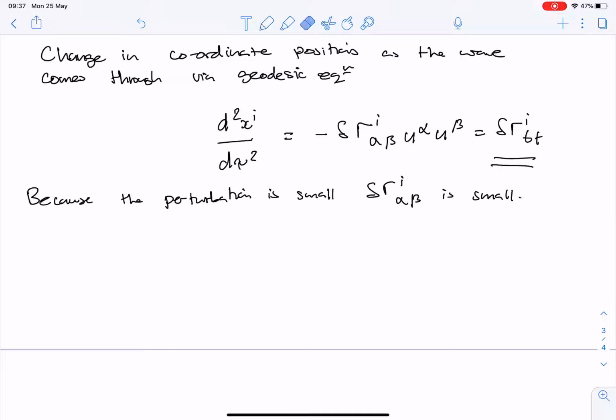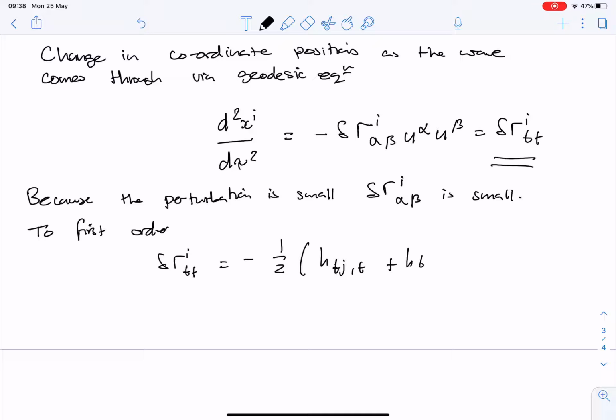What that means is, to first order, we can write something like this.